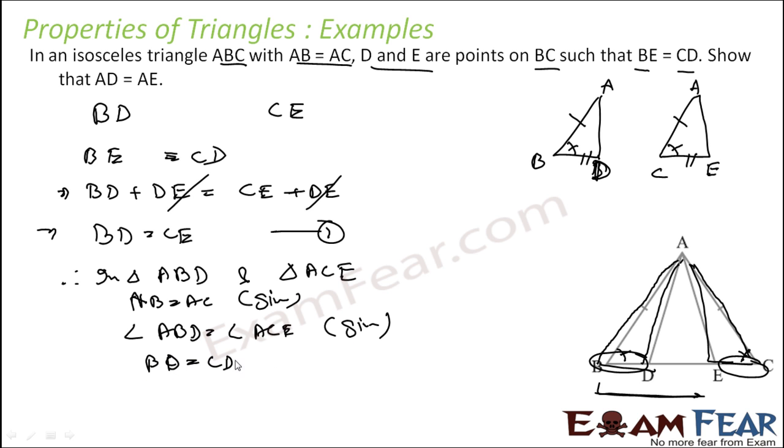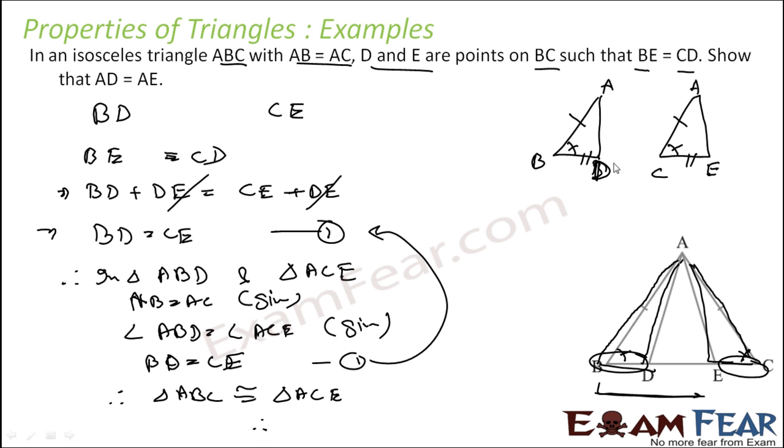And BD is equal to CE, that is from equation 1. Therefore, triangle ABD is congruent to triangle ACE. Since they are congruent, therefore AD is equal to AE. And that is what I had to prove.